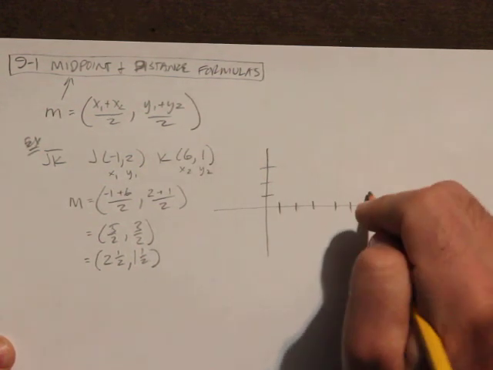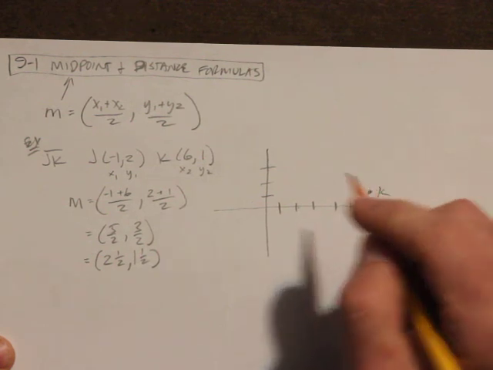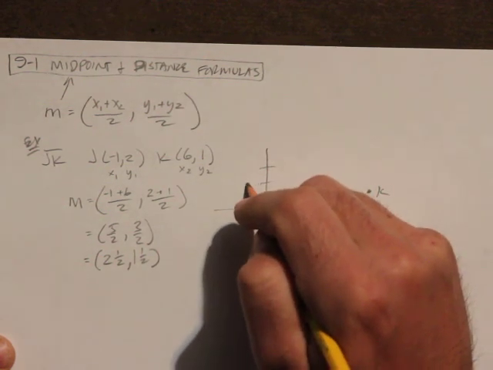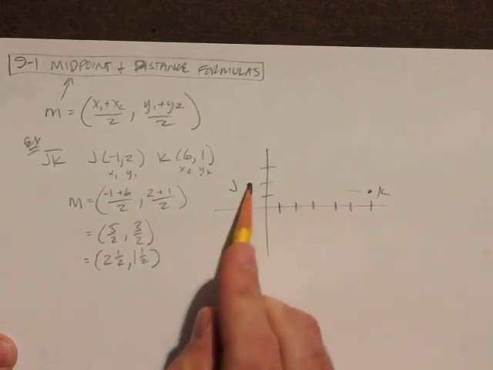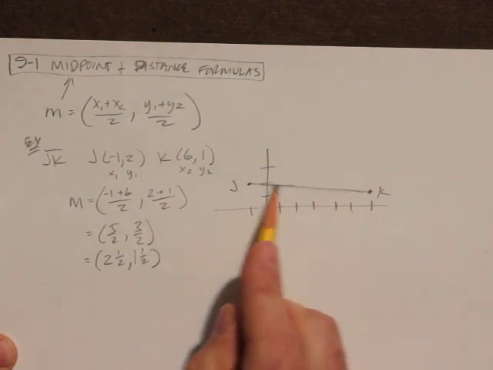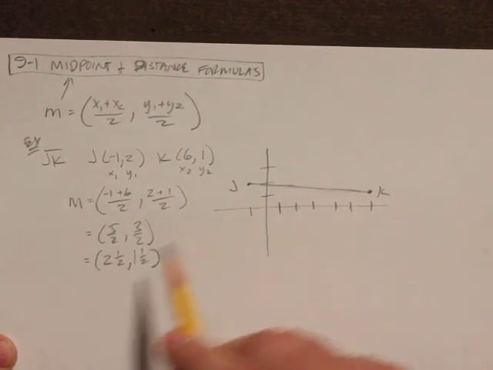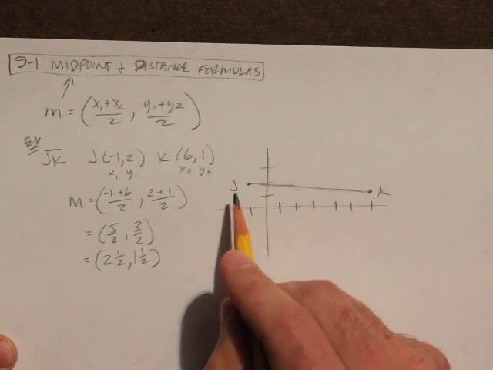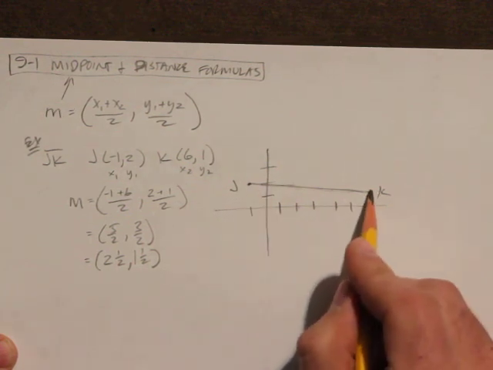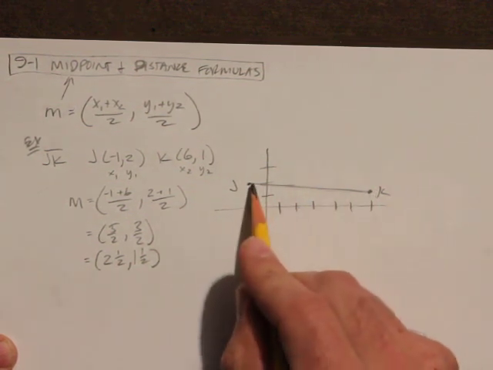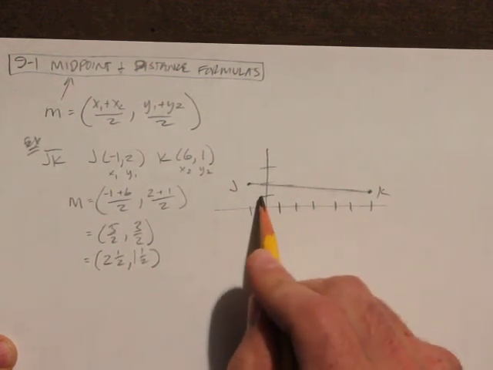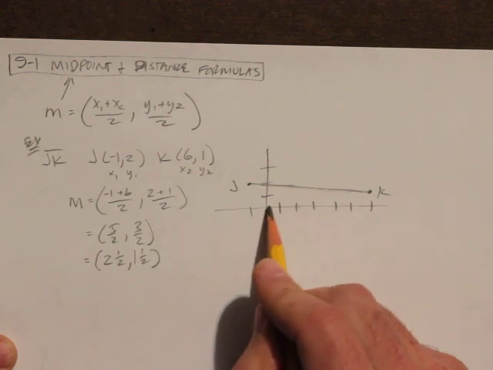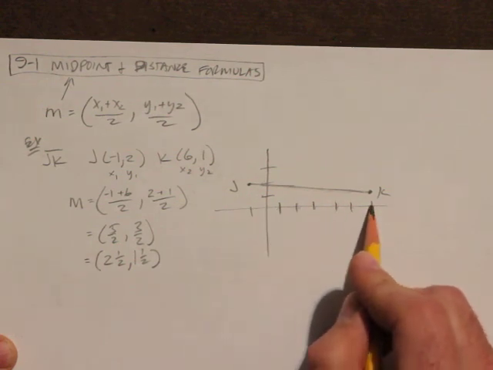Alright, so 6, 1, that's K. And -1, 2 is J. So if I was to draw a line here from J to K, and I was to find my midpoint, it's halfway between J and K lengthwise and halfway between J and K vertically. So if I were to count 1, 2, 3, 4, 5, 6, 7, they're 7 apart.